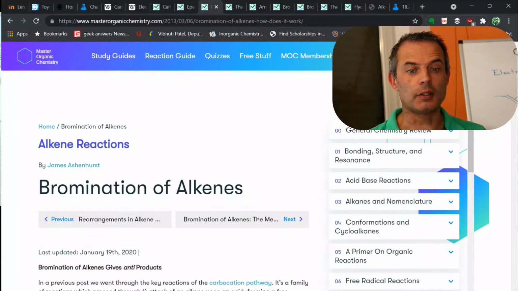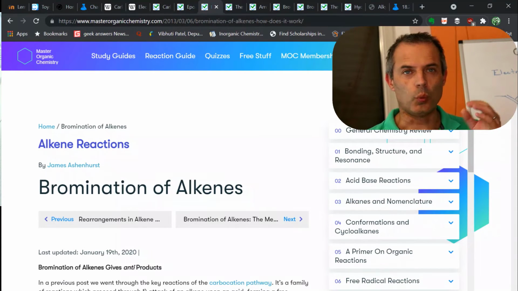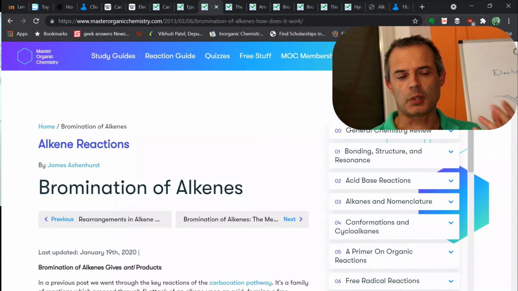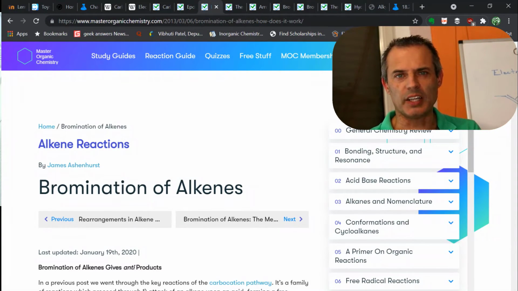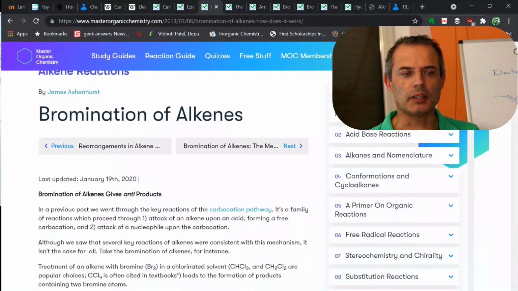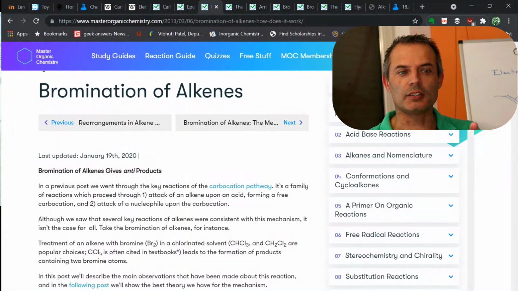So I've jumped over the next page, actually possibly 2 pages, because it talks about why rearrangement happens. And it had a little bit of background about rearrangement. You can read through that so that you've got it from a different angle, but I won't read it out to you because you can look it up on the internet. What I'm more interested in today is the bromination and maybe some other reactions.